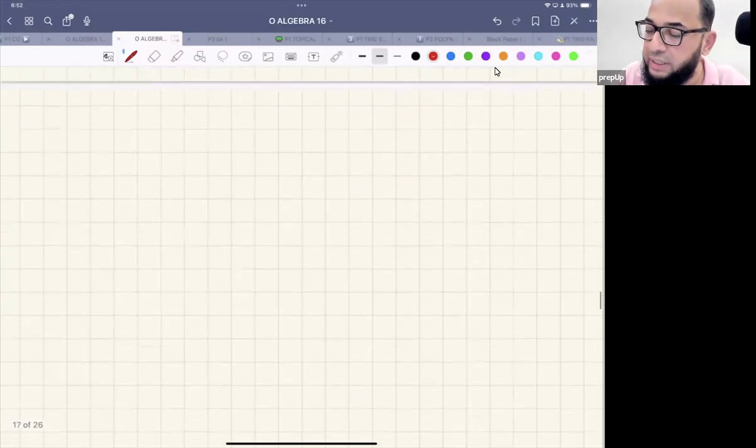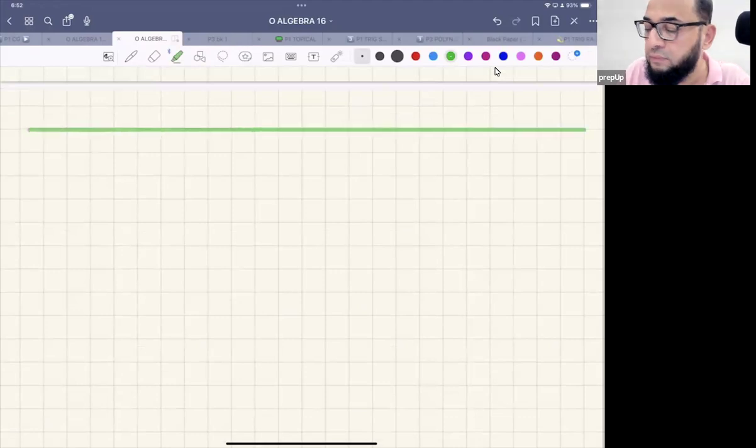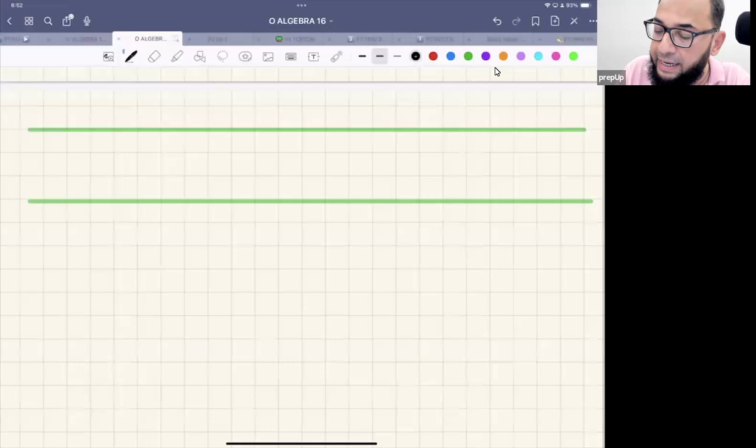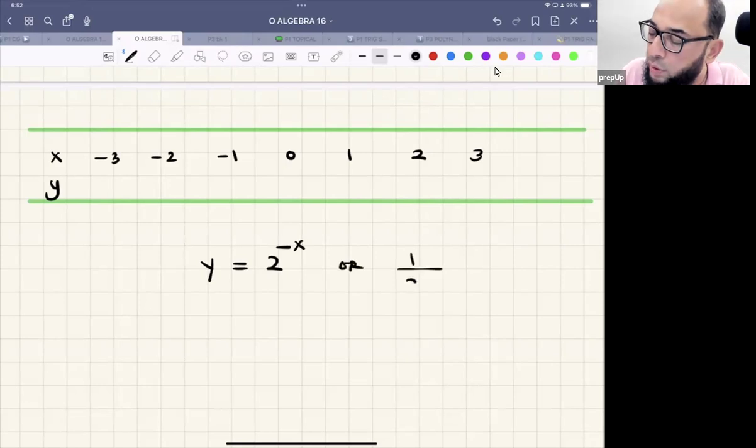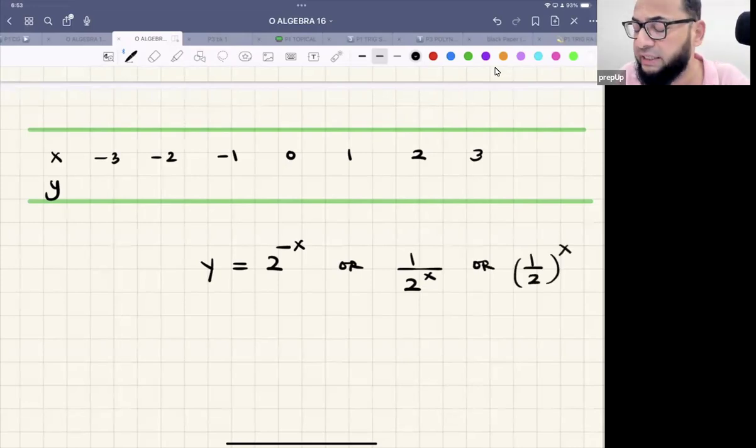So now let me draw the graph of this decay. Let me draw up a table first of all, and let me write over here x, and then y, and then -3, -2, -1, 0, 1, 2, and 3. Y is equals to 2 raised to power of negative x, which can be written as 1 over 2 raised to power of x, which can be written as half raised to power of x, because 1 raised to any power will remain as 1.